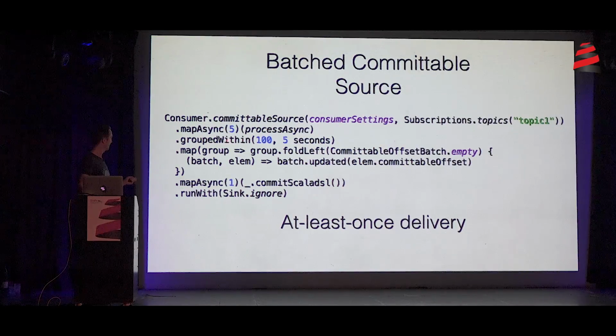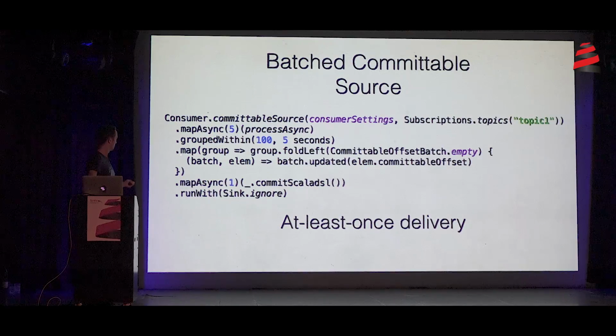GroupedWithin is a stage of Akka Streams available out of the box in the API, meaning that this will accumulate messages from the previous stage until it reaches a limit or some time passes. Very useful thing. So in this case, we accumulate our batch. This stage will then emit a list of messages. And then we can fold this list into a special object of type CommittableOffsetBatch from the Reactive Kafka API.